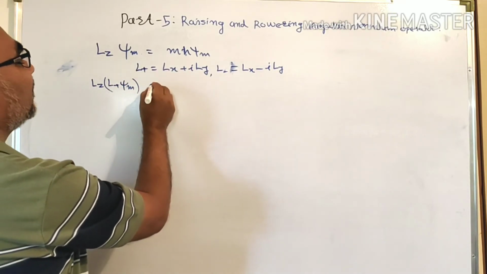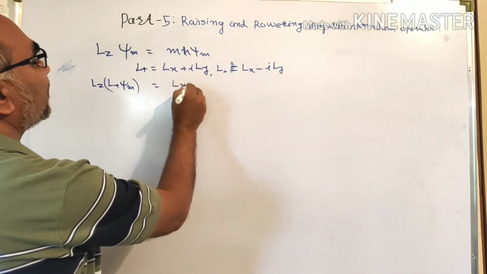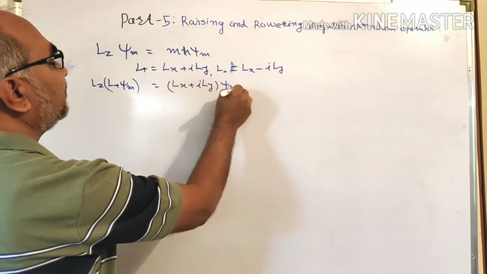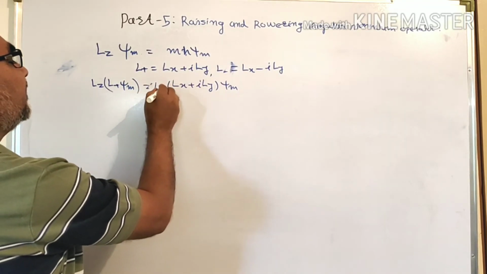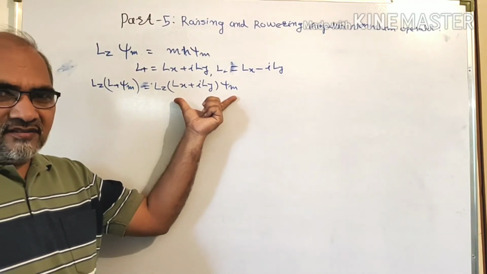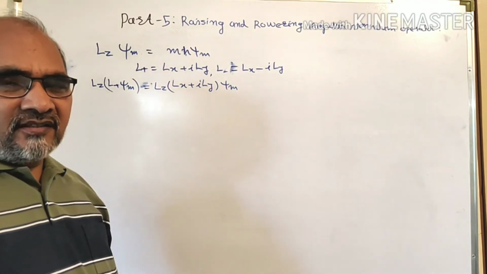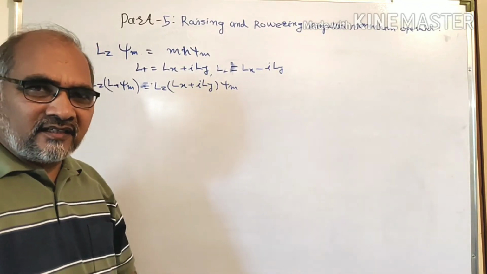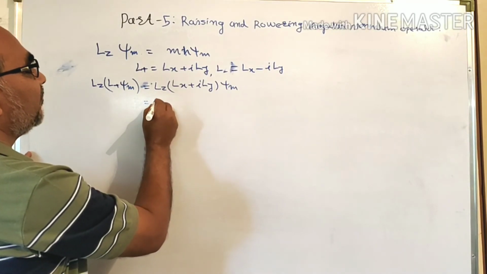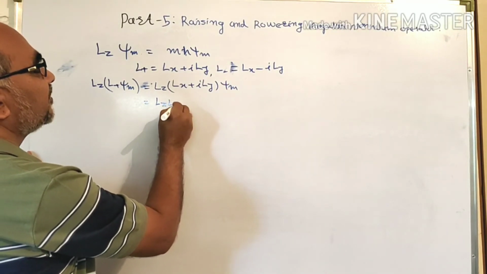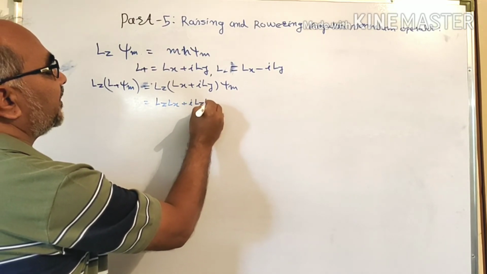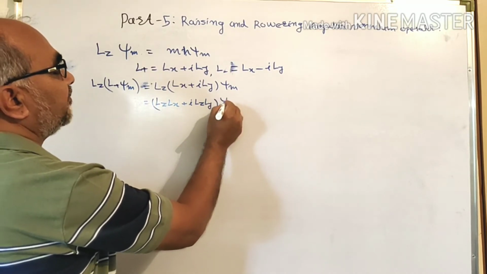L plus is Lx plus i Ly, so Lz operates on the state psi m with the raising operator. Now we have to see what the final result will be. Multiplying inside, it is Lz Lx plus i Lz Ly acting on psi m.